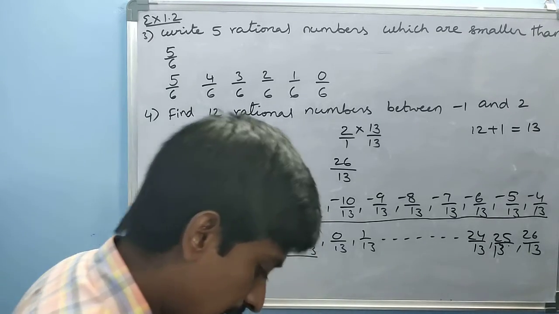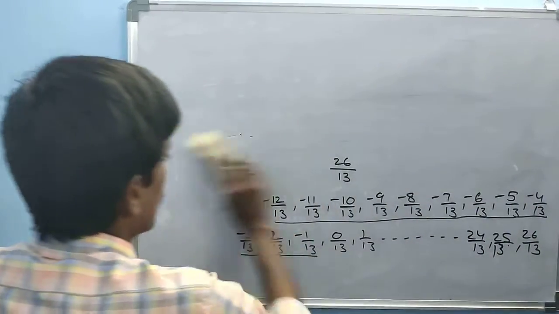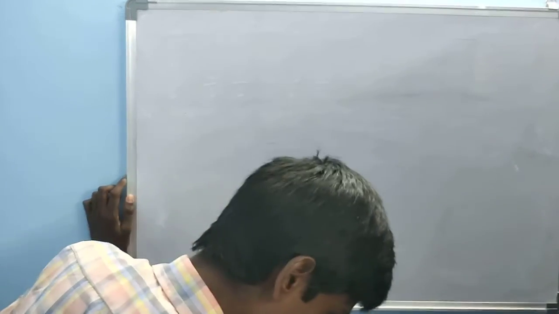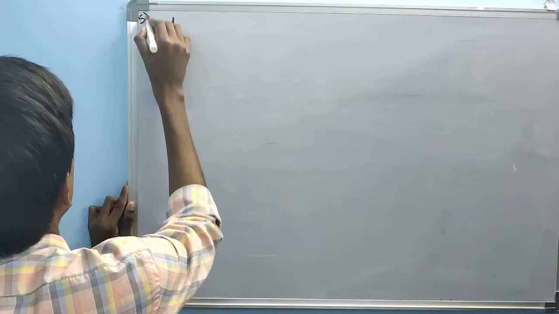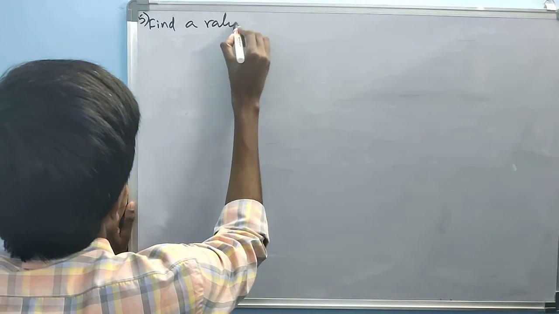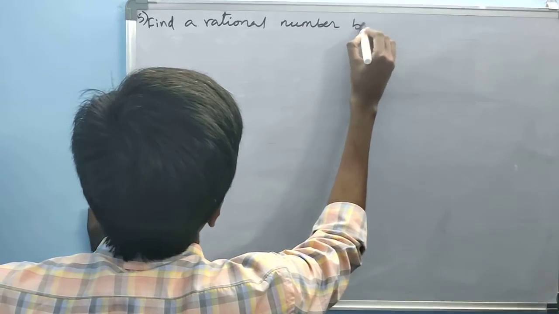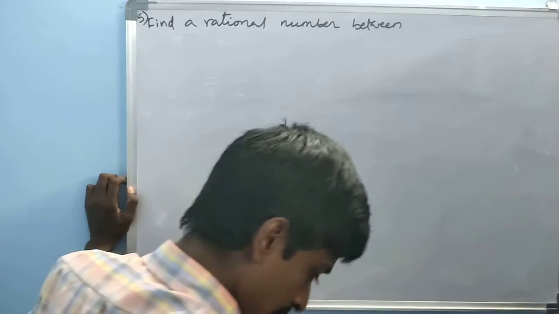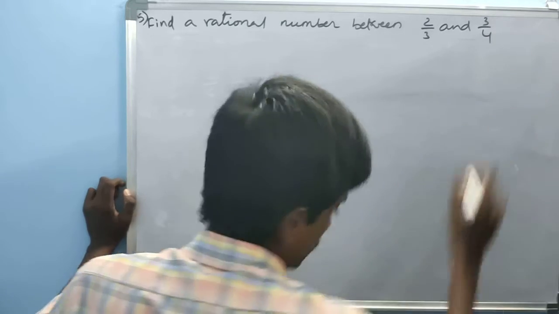Okay. Next one, the fifth one. Find a rational number between 2 by 3 and 3 by 4.